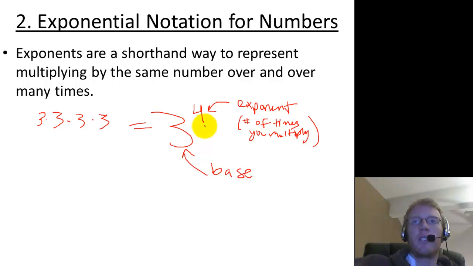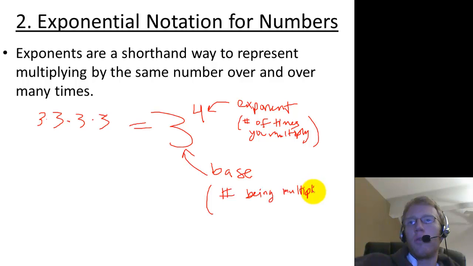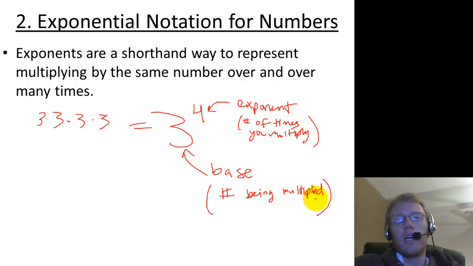Okay, so the exponent is the number of times you multiply, and the base is the number being multiplied. You should always remember this definition of exponential notation, because when we go over the rules in a little bit, it's very easy to prove all of the rules by just referring back to this overall definition.